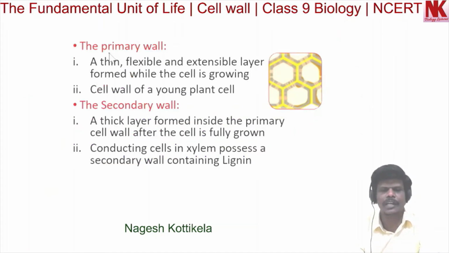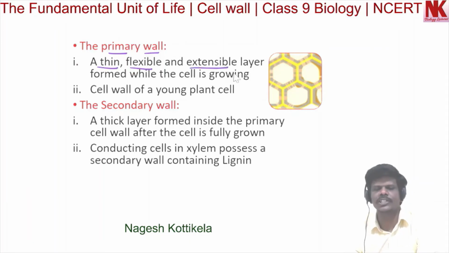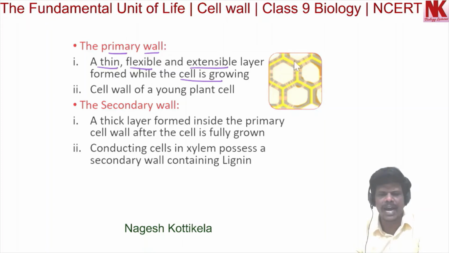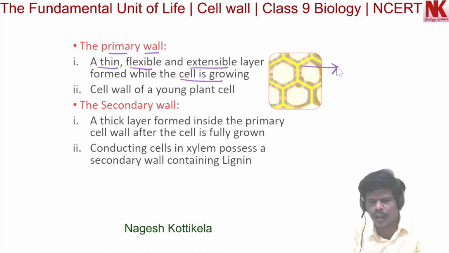The primary wall. It is a thin, flexible and extensible layer formed while the cell is growing. Here, few plant cells are shown, and this brown colored part which is shown in this diagram is the primary wall.